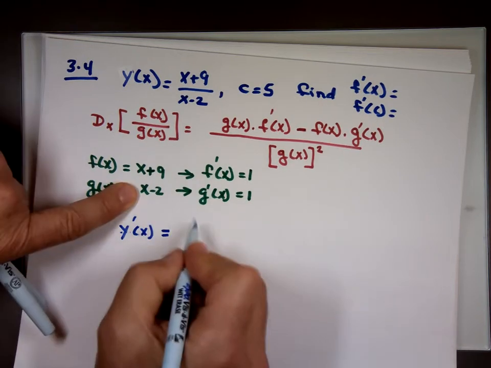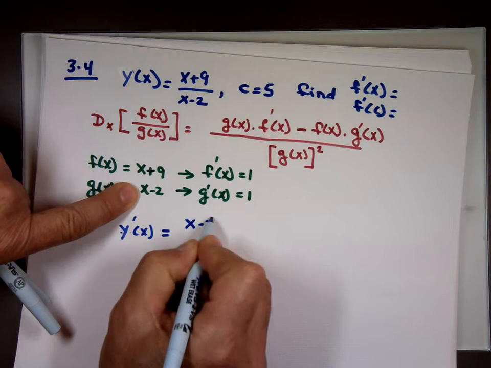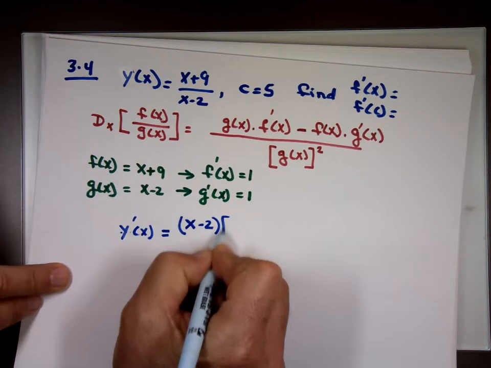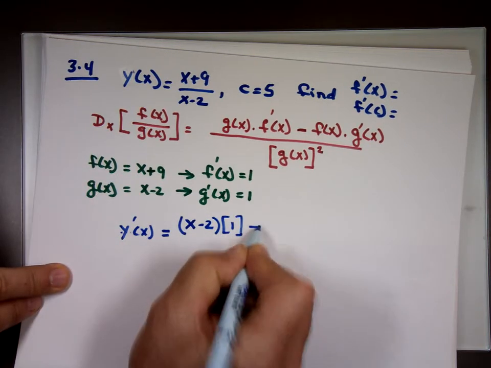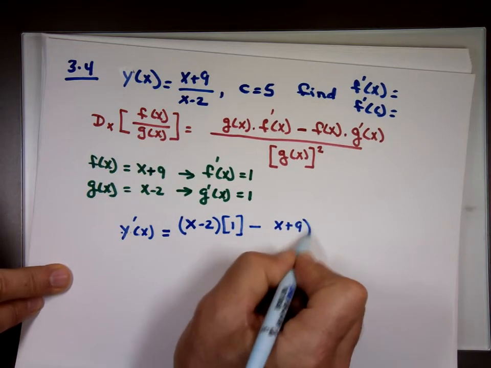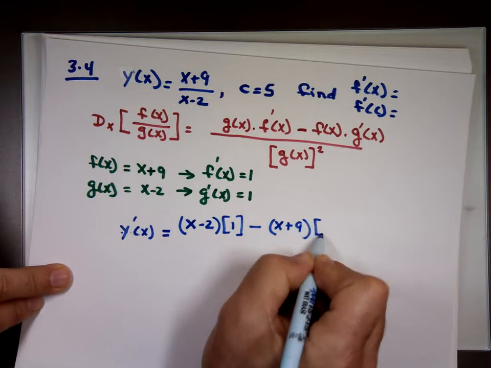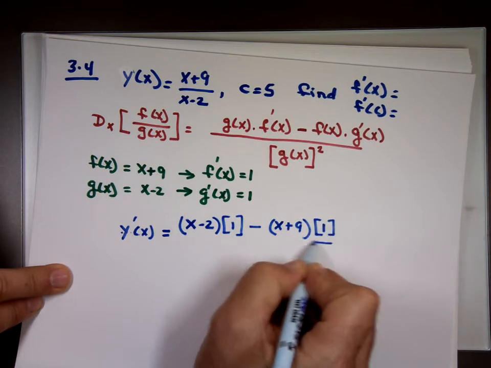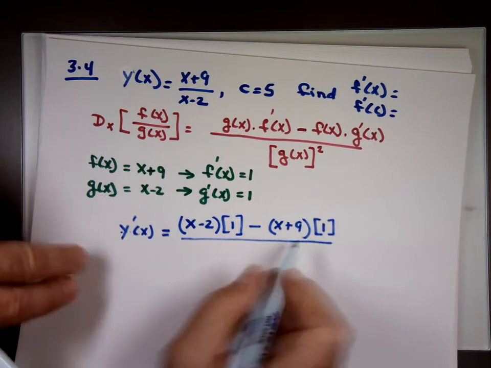What is g? x minus 2. What is f prime? 1. Minus f of x, which is x plus 9, times g prime, which is 1, the whole thing divided by g of x squared.